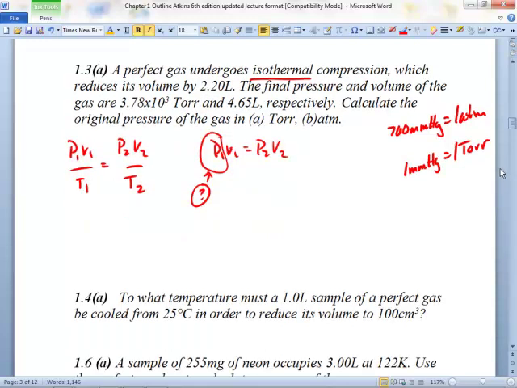Okay. How about 1.4A? Yeah. You see two volumes. We only have one relationship when you have two volumes in it. That's kind of a hint. Is it this guy again?